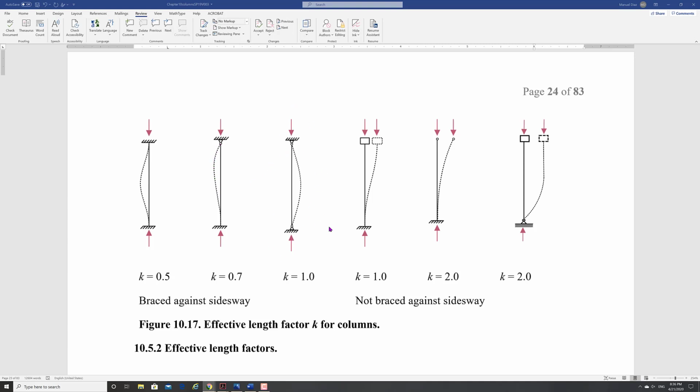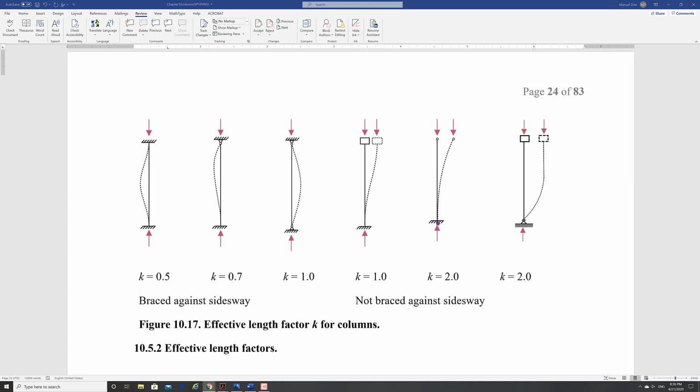If it's something that moves like this laterally, it still maintains a 1. This is the flagpole, the flagpole effect. So notice that this one is a 2. That's one of the worst cases, and that's because this is the pin end. The other pin end will be equivalent.